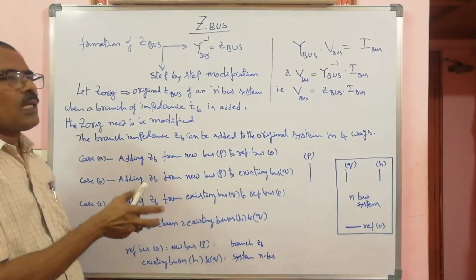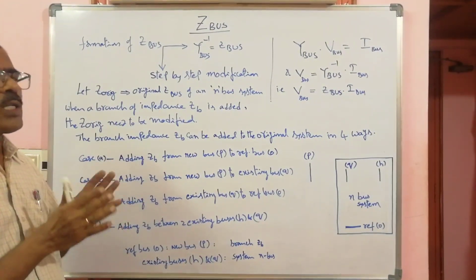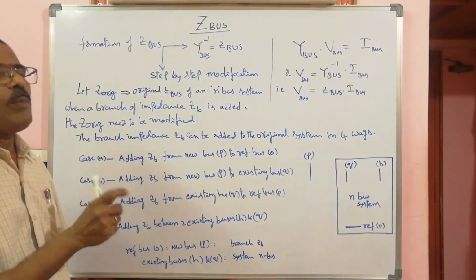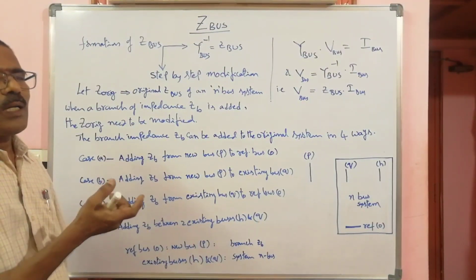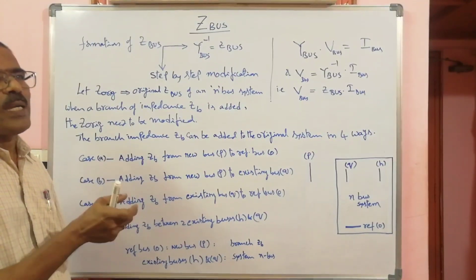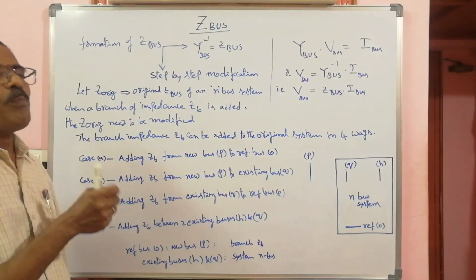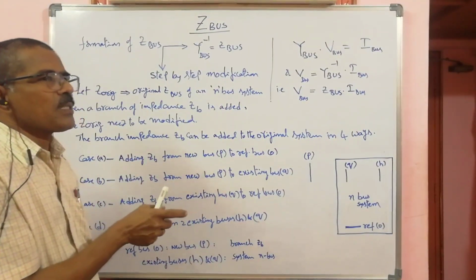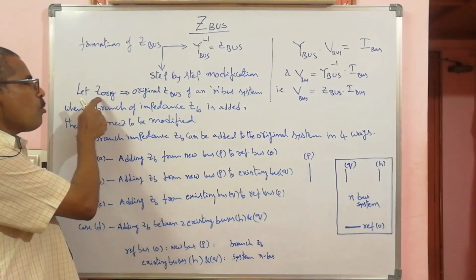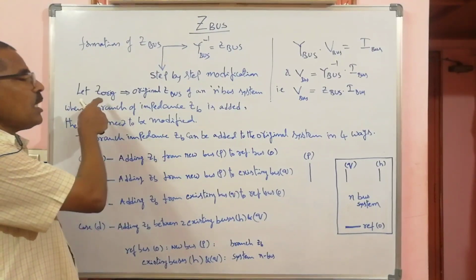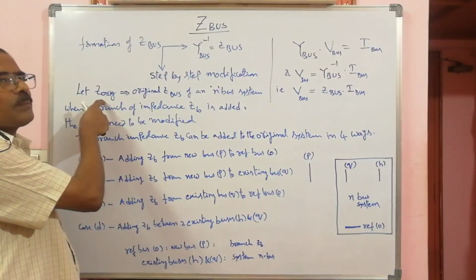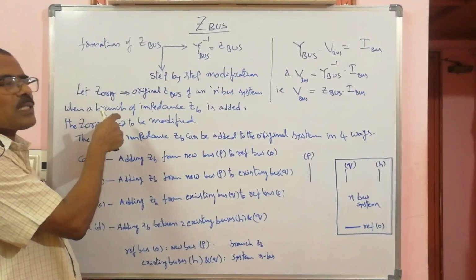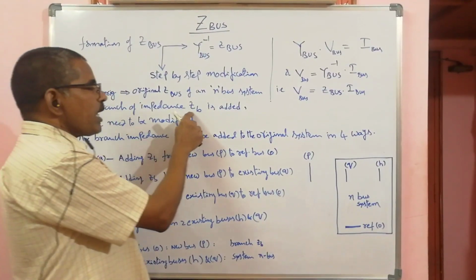Now for that original Z bus, if a particular element, a branch with impedance ZB, is added, then we need to modify the original Z bus matrix, which means you need to form a new Z bus matrix with the added ZB.